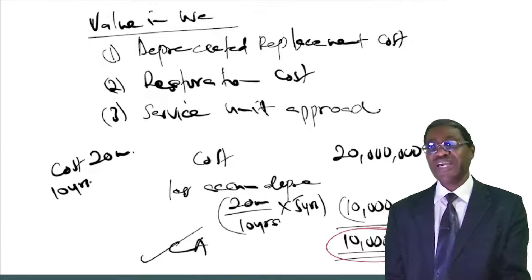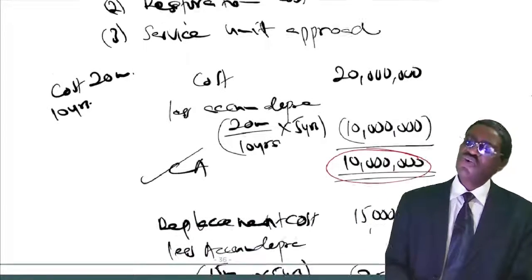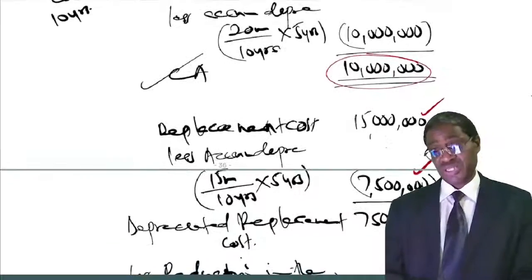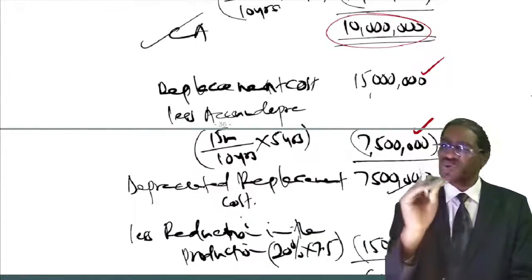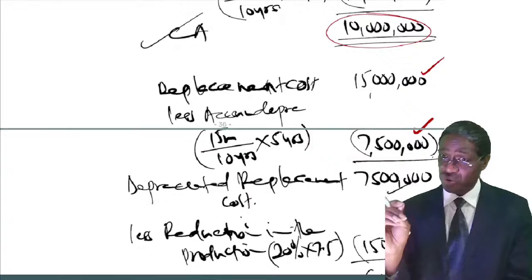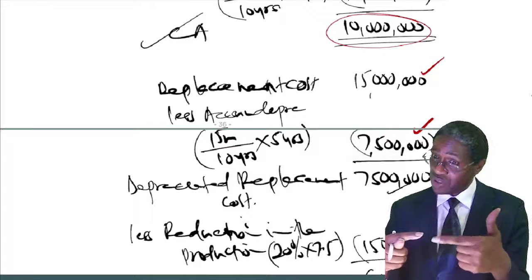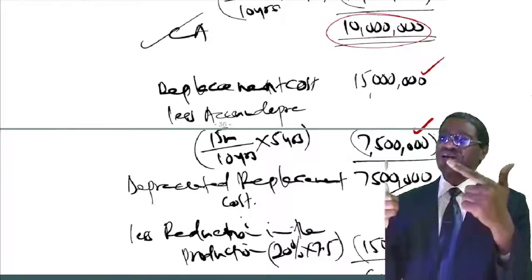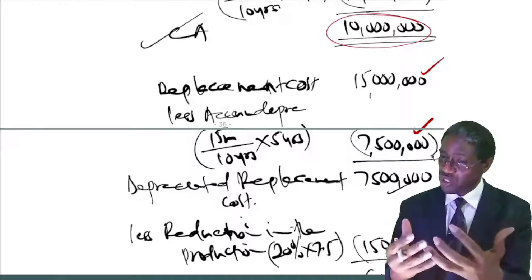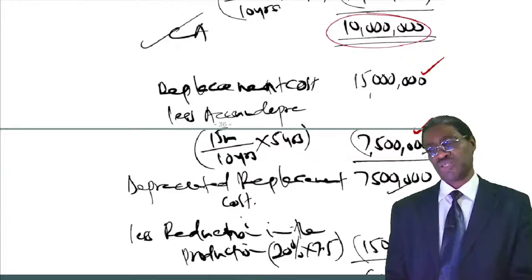If the question tells you you are using the restoration cost, then once you get the depreciated replacement cost, you minus the restoration cost.